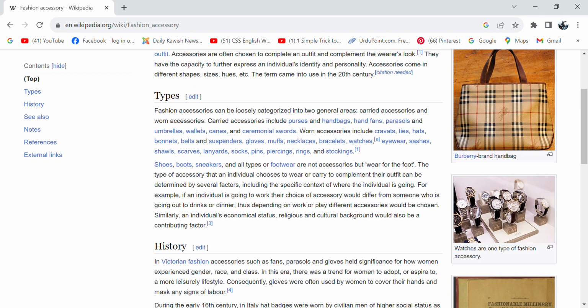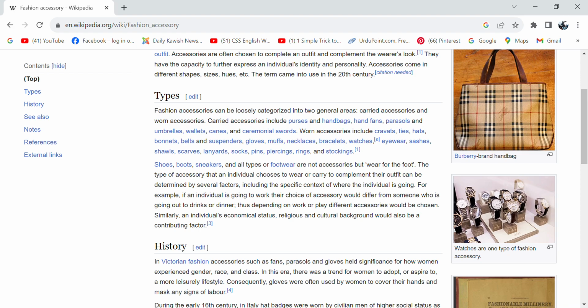Fashion accessories can be loosely categorized into two general areas: carried accessories and worn accessories. Carried accessories include purses and handbags, hand fans, parasols and umbrellas, wallets, canes, and ceremonial swords.